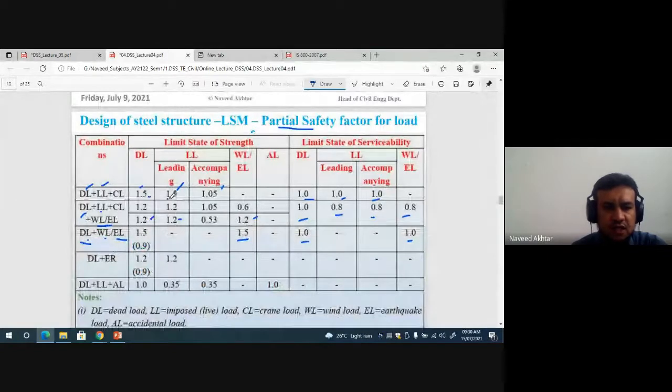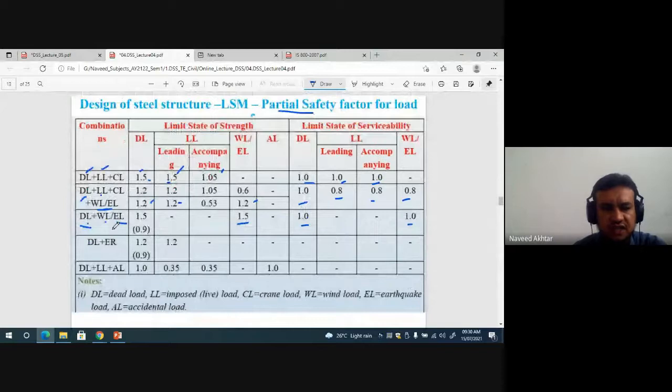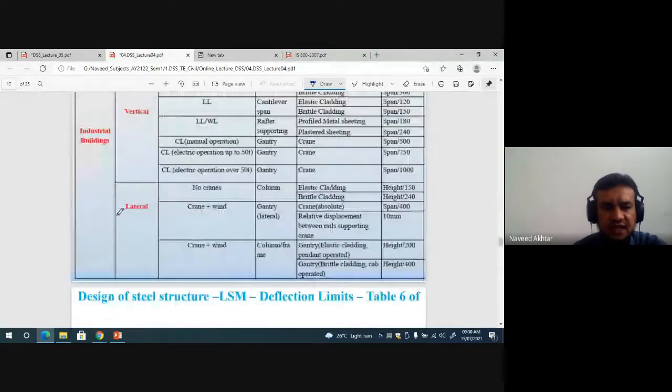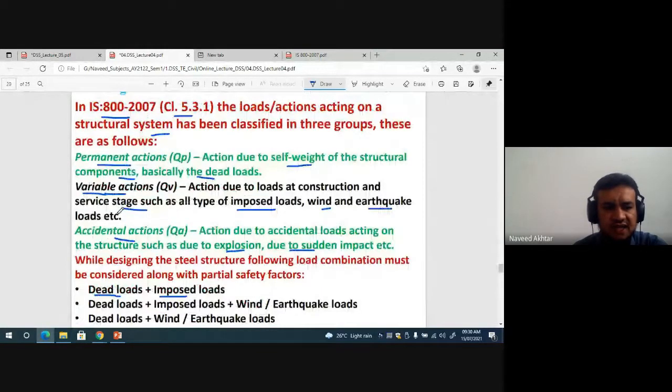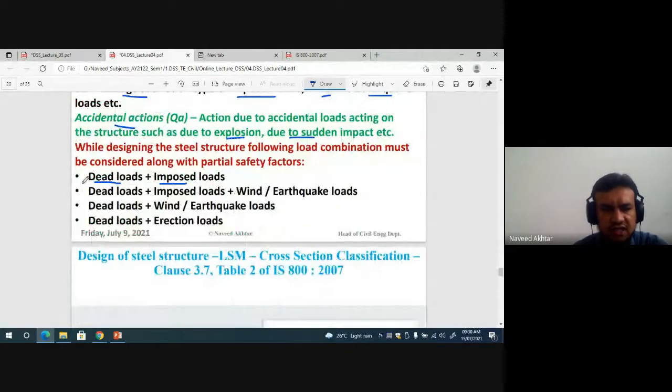If dead load, live load, or wind load or earthquake load is there, the factor of safety will be accordingly. So that combination we can take, dead load, wind load or earthquake load. These are the four basic combinations of load. Dead load and wind load, or dead load and earthquake load, anyone you can take. And dead load plus erection load you can also take. So these are the different load combinations, and we design the member for the worst combination of these loads.